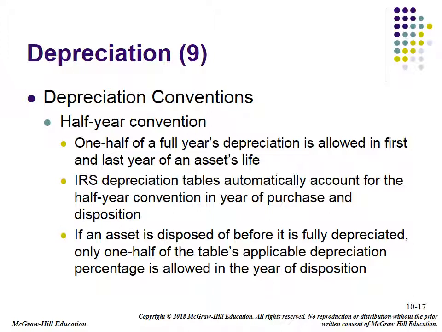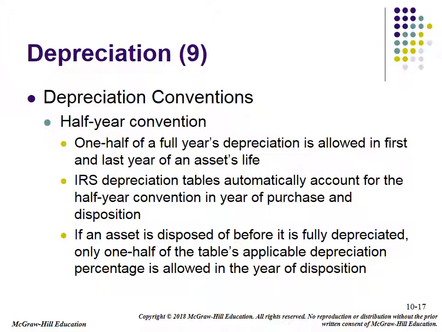Half-year convention. What the IRS does is they don't allow us to calculate the depreciation using formulas. They create tables of percentages and say, take the cost of your asset times the amount you find on that table, and that's how much depreciation you get.